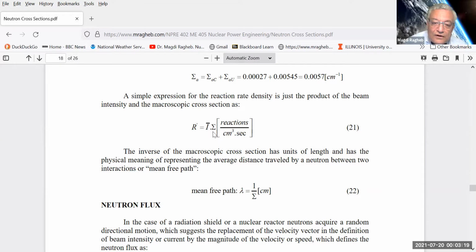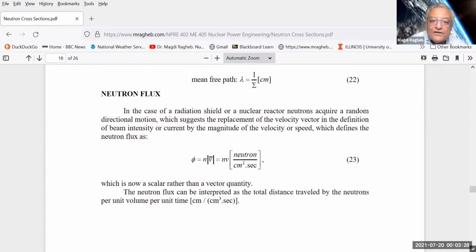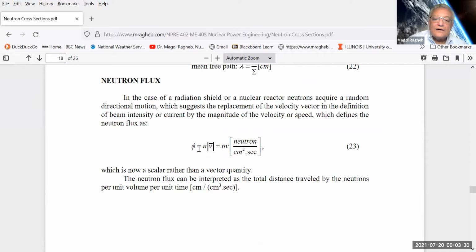We have to relax it a little bit by saying that the number of neutrons crossing a unit area per unit time is more like a scalar quantity. We'll call it phi, which is equal to n times the magnitude of the velocity, no beam exists there, and that nv now still has the units of the beam intensity or the current of neutrons, and we call that quantity the neutron flux. It is still units of neutrons per centimeter squared per second.